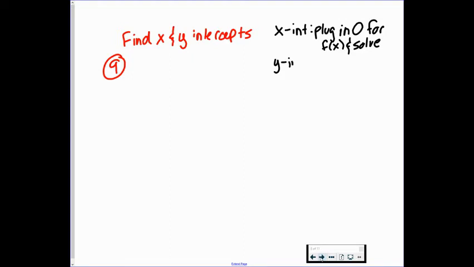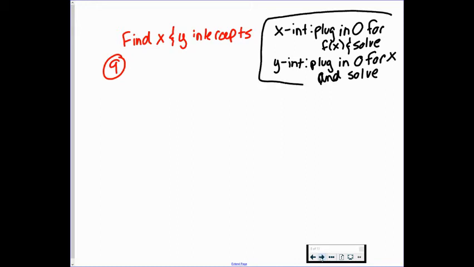To find the y-intercept, we're going to plug in 0 for x and solve. So that's how we find intercepts. Remember, these are also ordered pairs, x, comma, y.